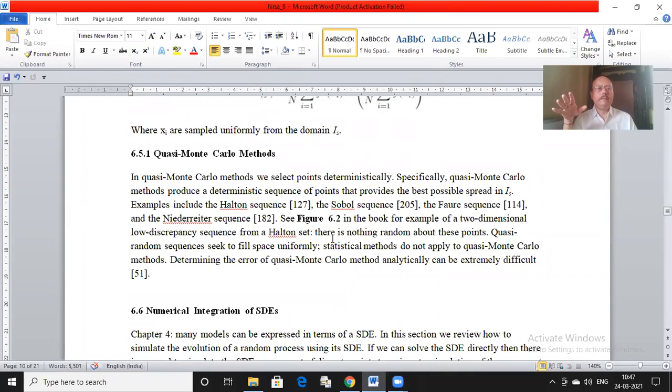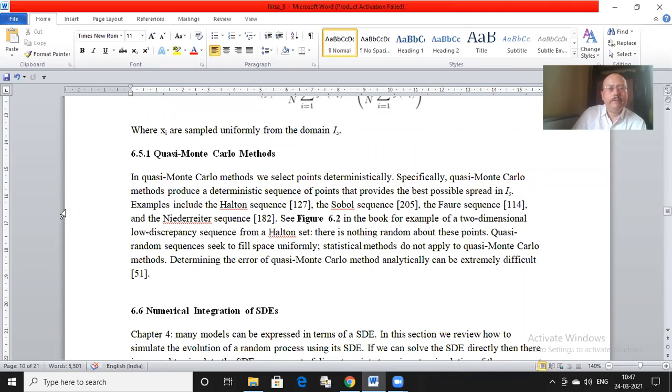Specifically, we produce a deterministic sequence of points that provides the best possible spread in the unit cube. Because if I sample uniformly, there might be spaces which are sparsely sampled and segments which are more densely sampled. I don't want that. Instead, I would want to spread the sample points as uniformly as possible, uniformly quote unquote, to give me the best possible spread.